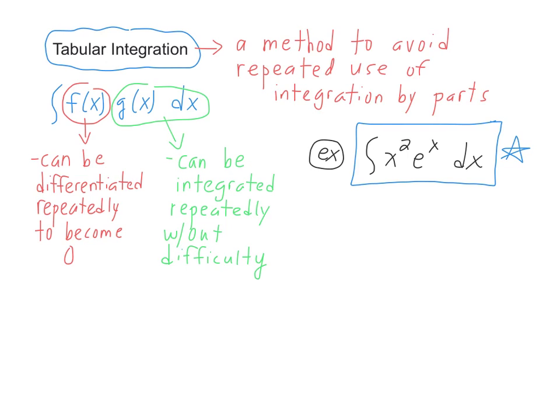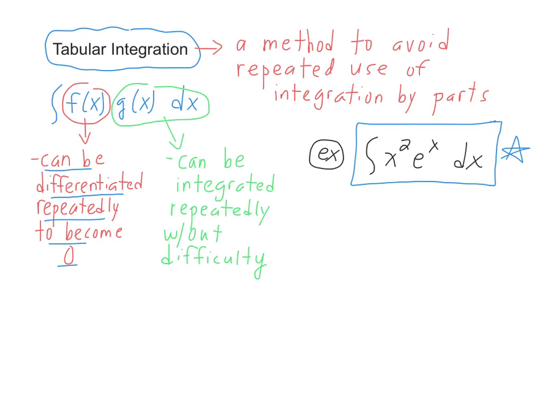So when do we use this technique? Well, first of all, it's when we are integrating a product of two different functions, which we're calling f and g. Now the first function, f of x, can be differentiated repeatedly to become 0. So if you have something like x squared, we know its derivative is 2x.